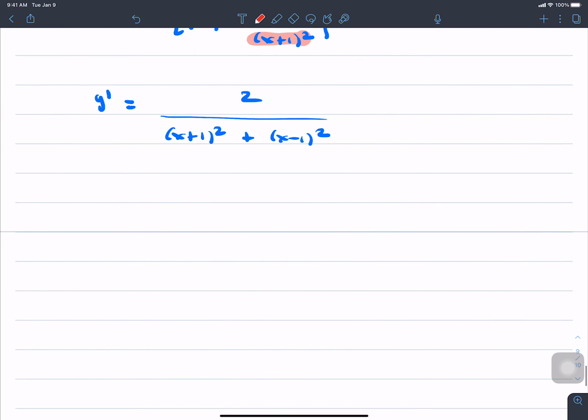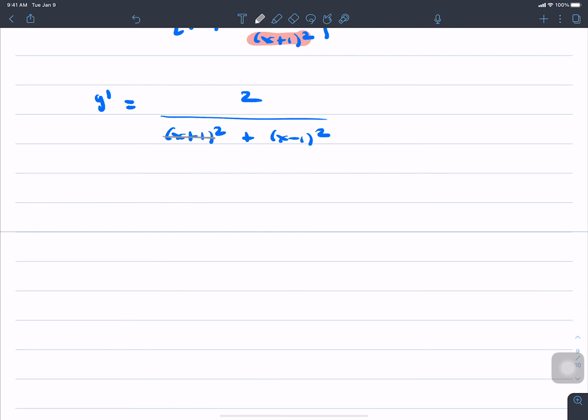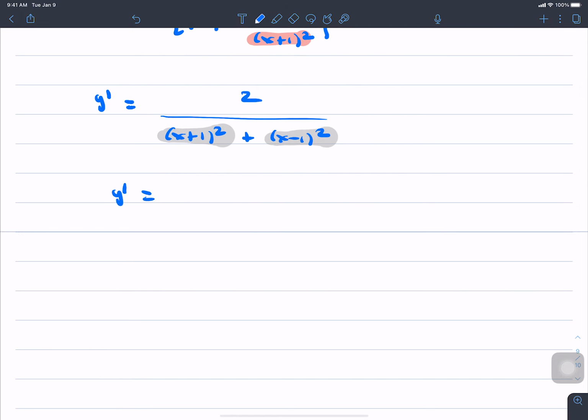And at this point, you can expand both of these. Y prime will be 2 over x squared plus 2x plus 1 plus x squared minus 2x plus 1.